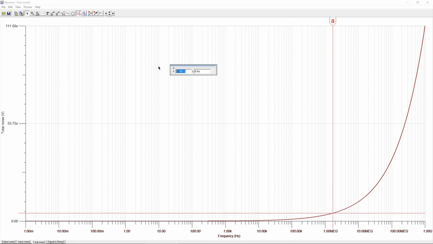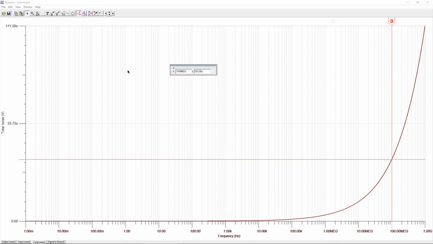And again, if I move on to 100 mega, it will be 35.26 microvolts. Again, all in confirmation with our calculations.